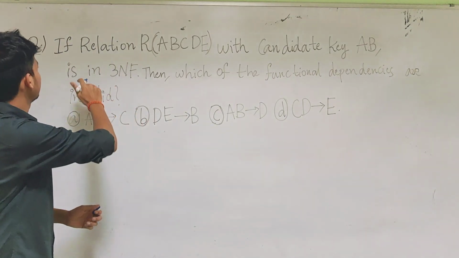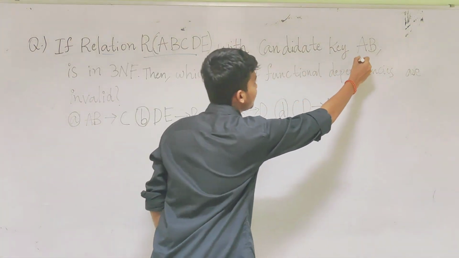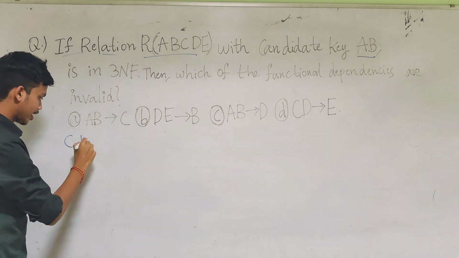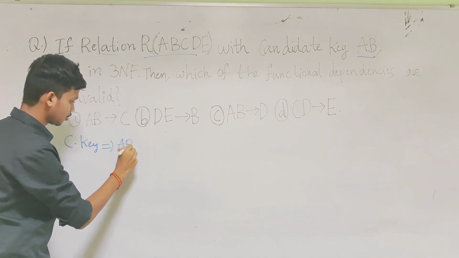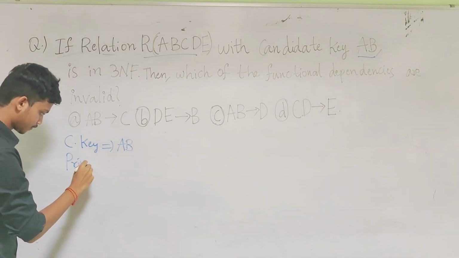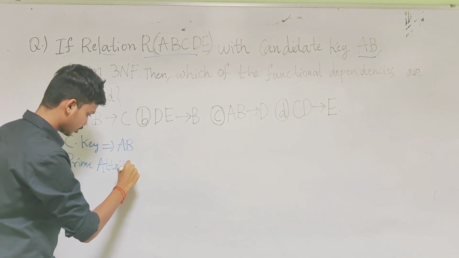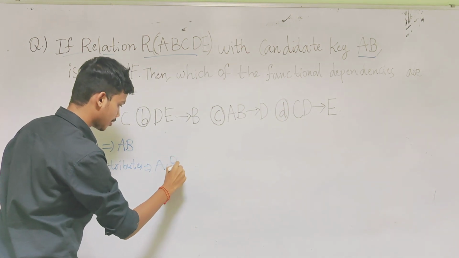Take a look at this question. A relation R(A, B, C, D, E) has candidate key AB. So what are the prime attributes you can derive from it? A and B are prime attributes.